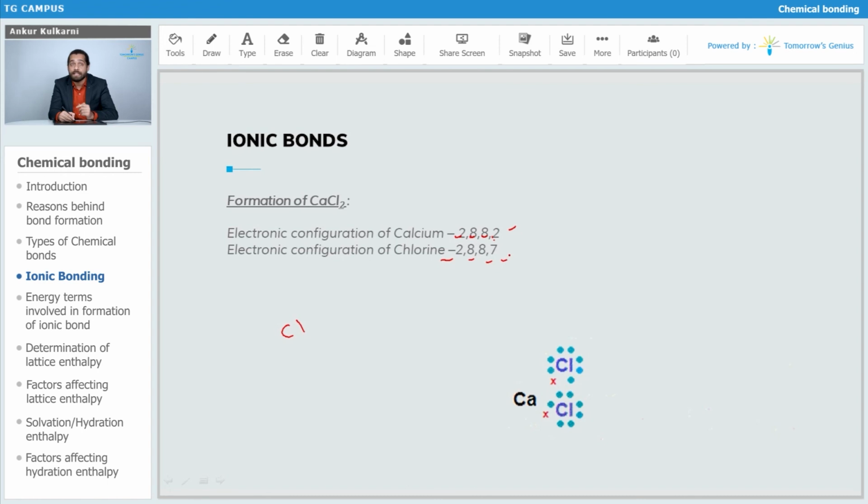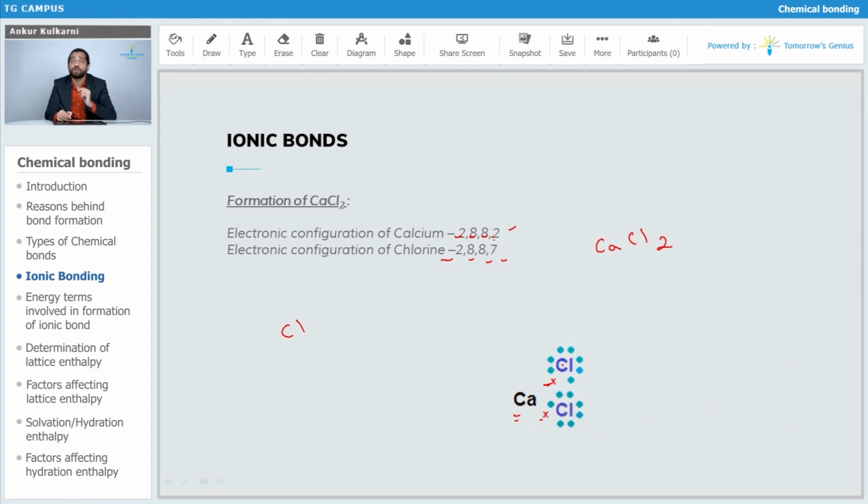So in the case of calcium chloride, we need 2 anions, and hence the valency of calcium is 2+, and in the bond formation we get CaCl2, because chlorine can only accept 1 electron, and hence we require 2 chlorine atoms. As the diagram suggests, the X is nothing but the 2 electrons of calcium.